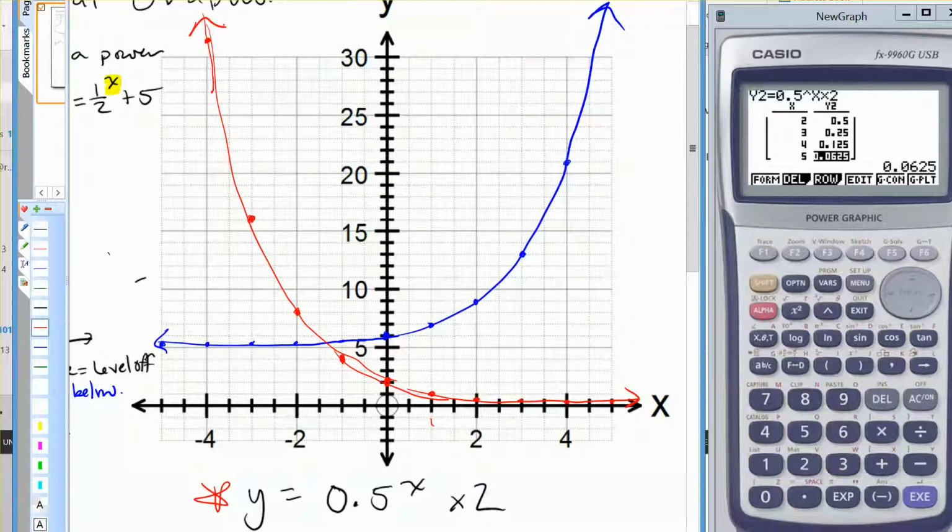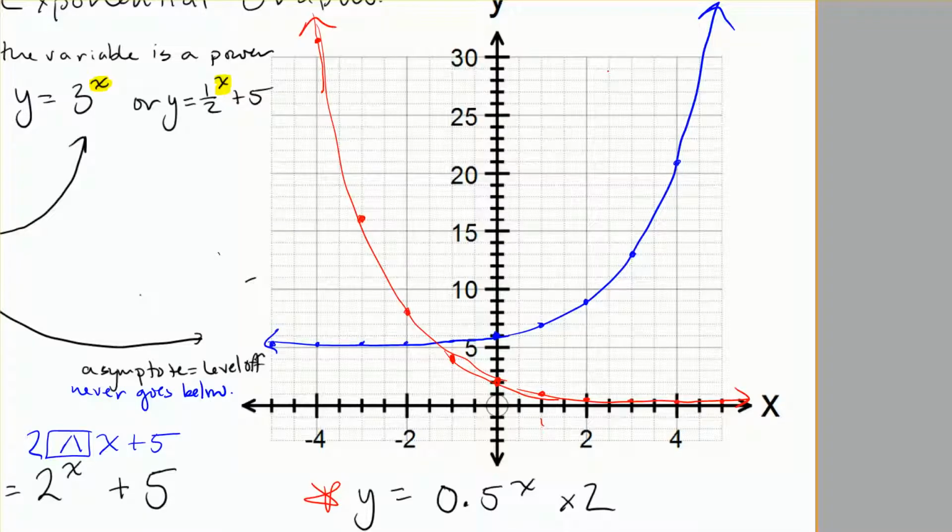Arrows at the ends, and something you want to be careful about is that you never want the asymptote to drop below the value that it's leveling off at. So here you can see that I'm keeping that red line above the x-axis. And here on the blue one, the asymptote was around 5, and I'm trying to keep that line from crossing 5.